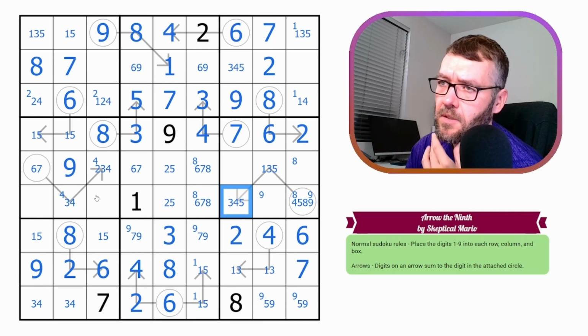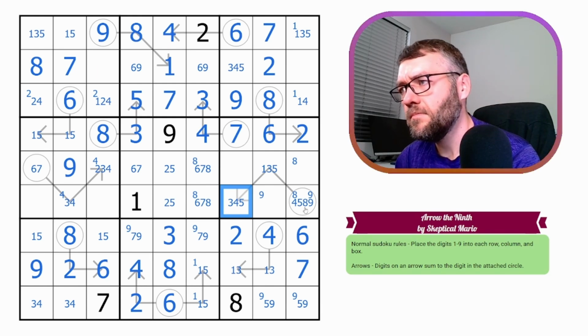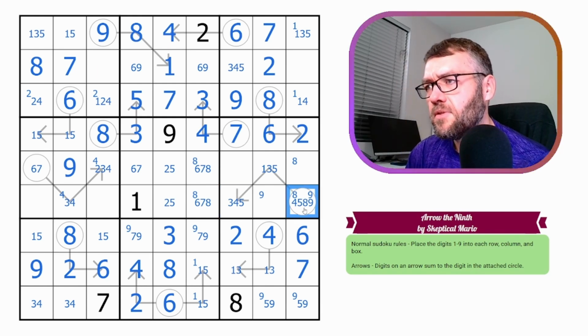Does that break anything anywhere? I don't see it. If this was a 5, this would be a 1, 4. Wait up, if this was a 4, this would have to be a 1, 3, making this a 3, 1.